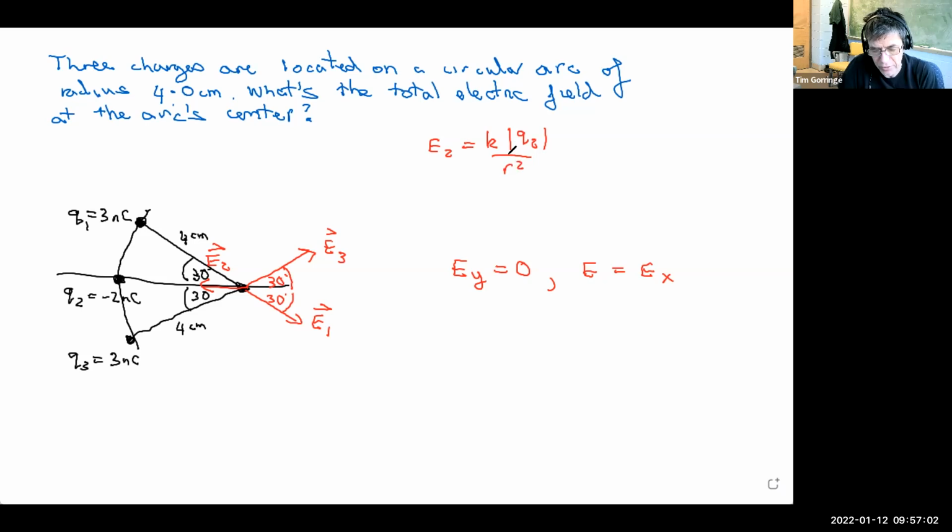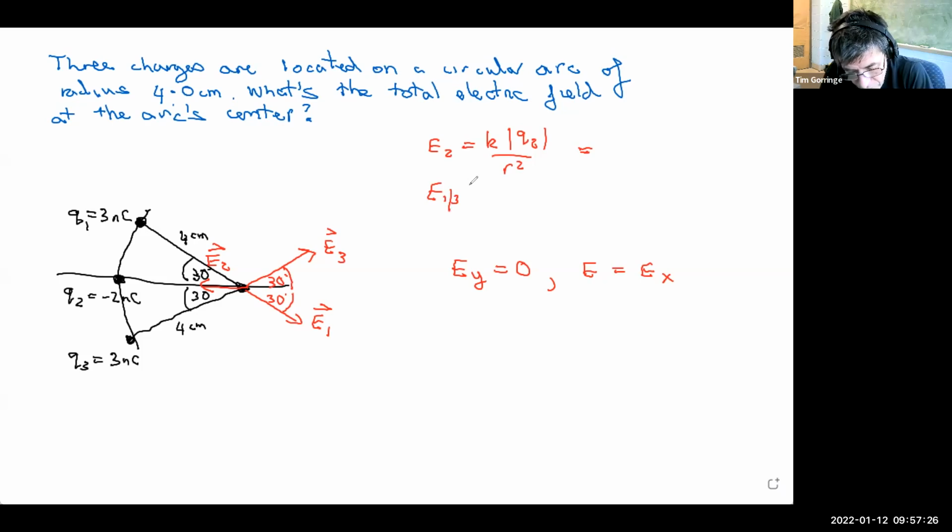So that's the expression for the electric field of Q2 at the field point. We're going to use that equation. And we're also going to use the same equation for the electric field of both Q1 and Q3.